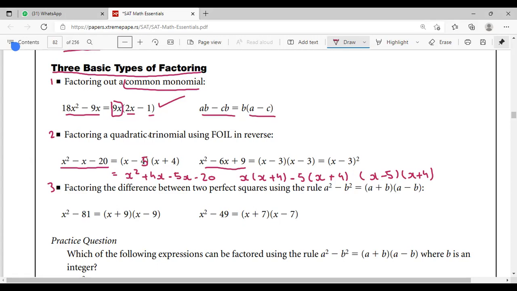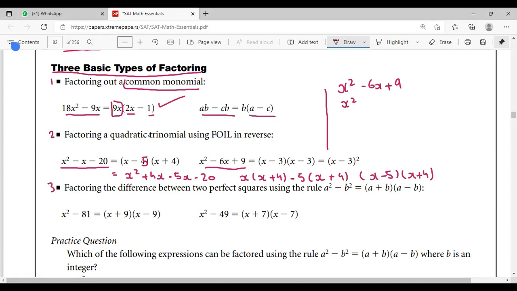We have x squared minus 6x plus 9. Let's do it here. We need two numbers such that when I add them, I get minus 6x, and when I multiply them, I get 9x squared.